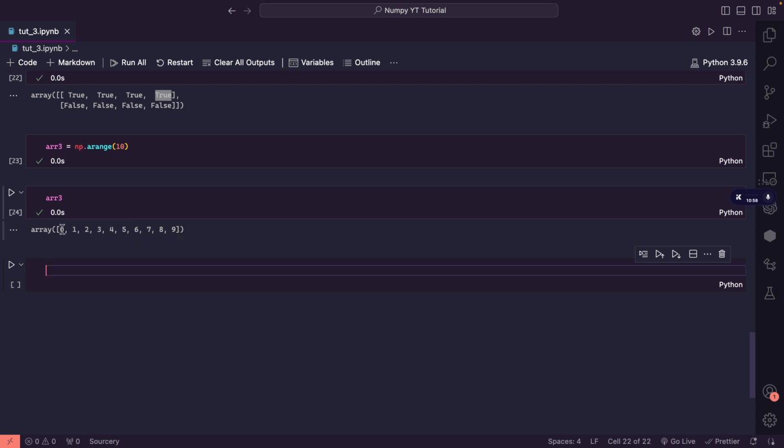It starts from 0. There are only 10 elements: 1 2 3 4 5 6 7 8 9 10. We have 10 elements, but we don't have the number 10. We have 10 elements, but not starting from 1. It starts from 0.